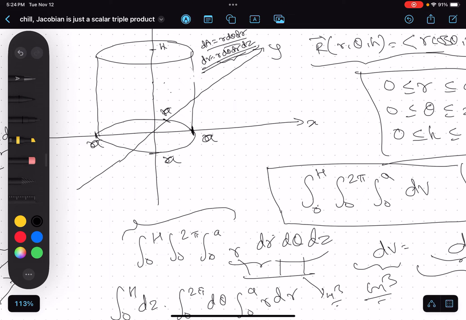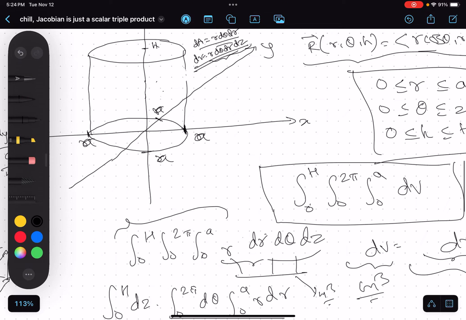So basically, if I input, let's say, some specific angle, this radius, and this height, our r vector will give me this point over here, right? Now, again, if I just change theta by a little, my r vector might give me this point because this will just rotate slightly. If I change r by a little, my r vector might give me this point over here, right?